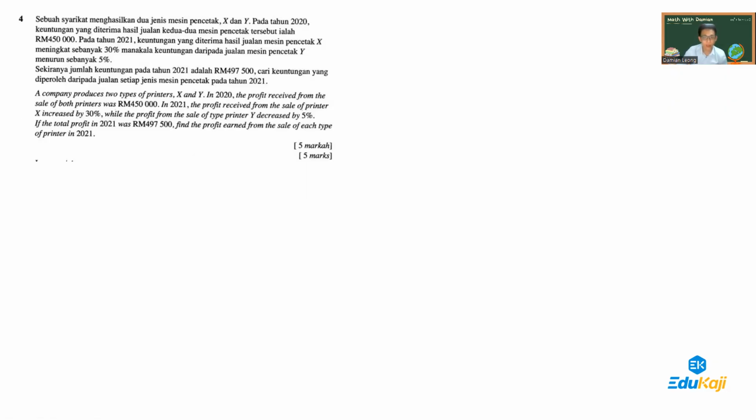In 2021, the profit received from the sale of printer X increased by 30%, while the profit from sales of printer type Y decreased by 5%. If the total profit in 2021 is 497,500, find the profit earned from sales of each type of printer in 2021. So x and y are the profit received from each type of printer.